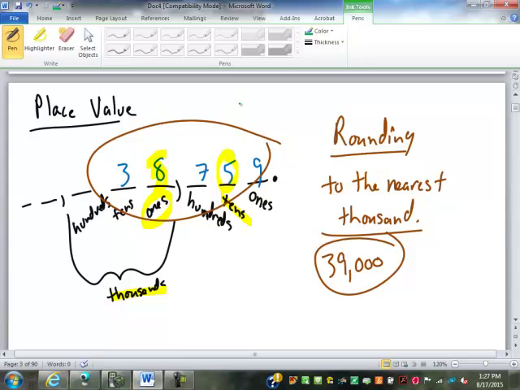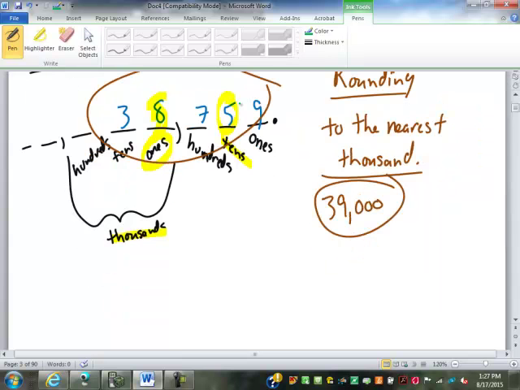We know how to get to 39,000, but what does it really mean? When we're asked to round to the nearest 1,000, what it's asking us to do is to look at our basic structure of those numerals, of those amounts. Our counts, the count portion of a number, the amounts, fall on a number line. They're defined on a number line.